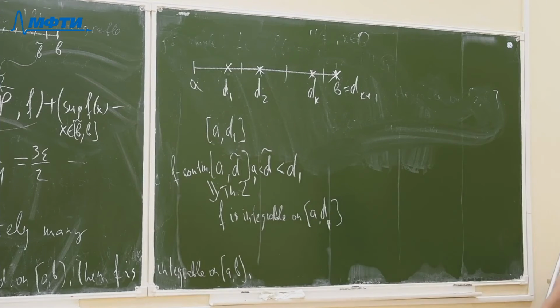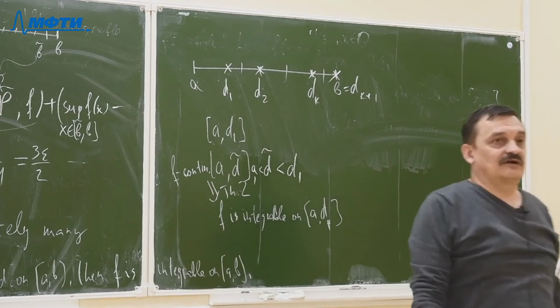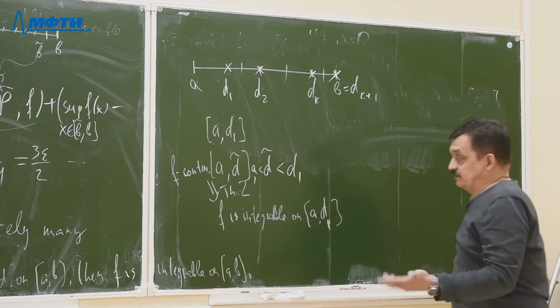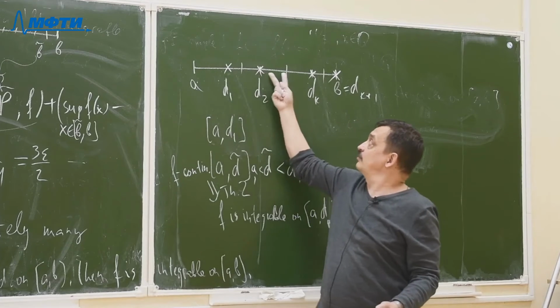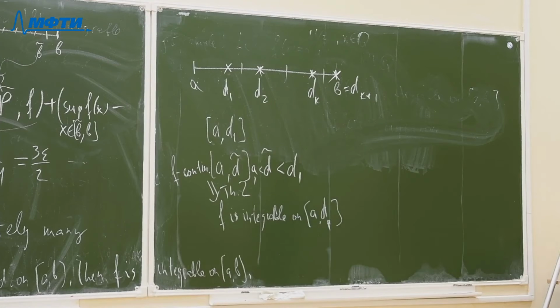And analogously, we consider every interval like here. Of course, if the discontinuity point is at the left end of an interval, it doesn't matter, it is not important. So we obtain that the function is integrable over every one of those intervals, and by the additivity property, it implies the function is integrable over the whole interval.